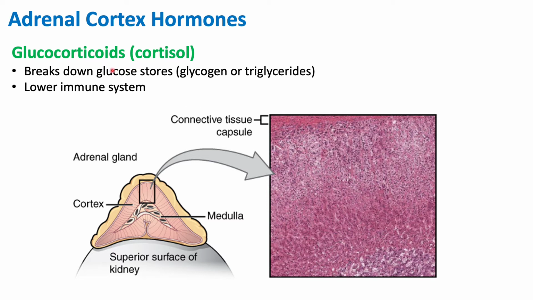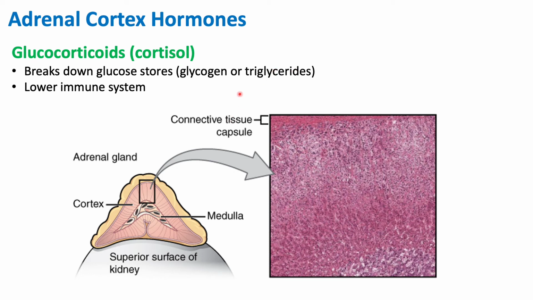So when glucocorticoids are produced into our bloodstream and those glucose stores are broken down, that can actually be utilized to generate energy within our body to carry out cellular processes. So remember that glycogen breakdown is going to result in glucose, and then that glucose can undergo glycolysis, the TCA cycle, and electron transport chain to produce energy. Whereas the triglycerides, when they break down, give us glycerol and fatty acids.